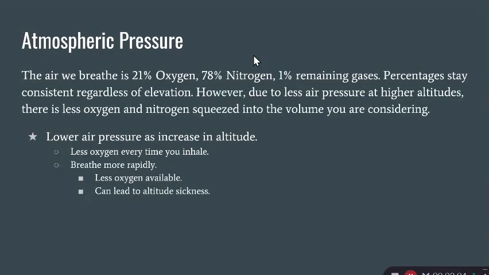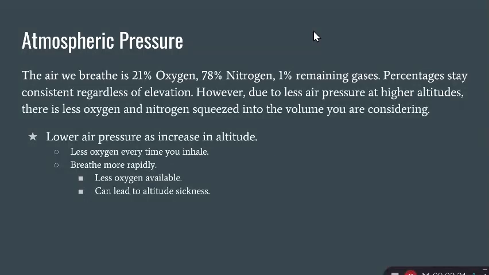Now, no matter where we're at, the air that we breathe is typically going to be 21% oxygen, 78% nitrogen, and 1% of any other remaining gases. This ratio of oxygen to nitrogen to other gases will stay roughly the same wherever you're at in the atmosphere. However, how close these molecules are together is going to change.